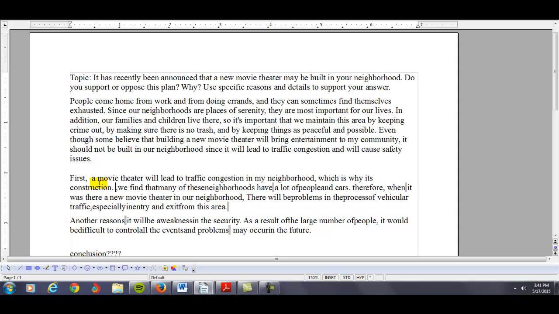I would just say this instead of at this time, like other areas, residents in my neighborhood depend a lot on their cars.